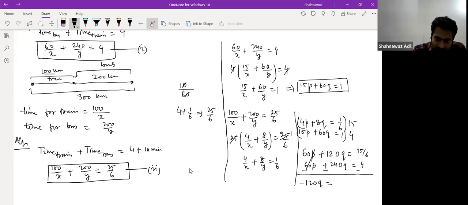Subtracting, minus 120Q, and 4 minus 15 by 6 is 9 by 6.